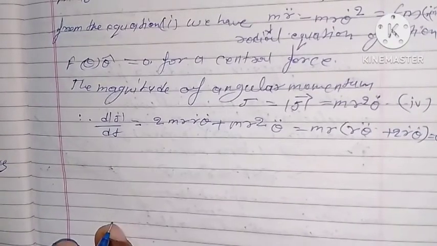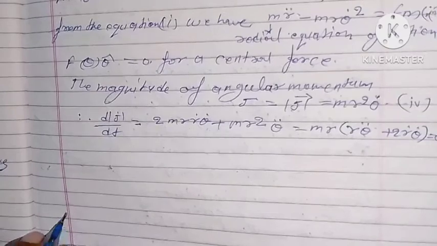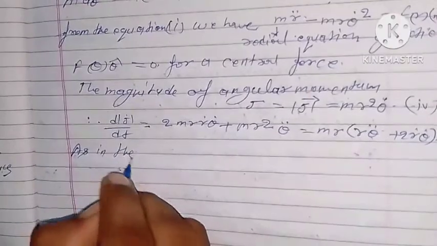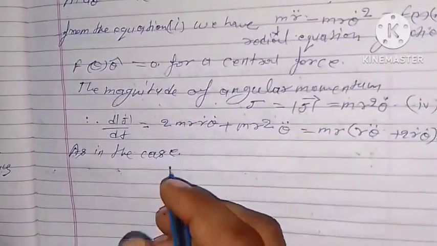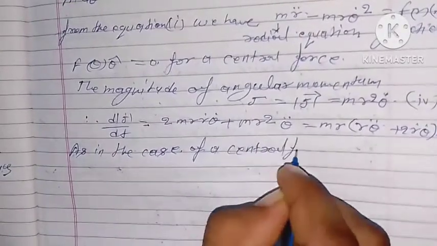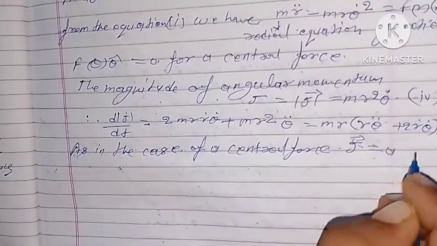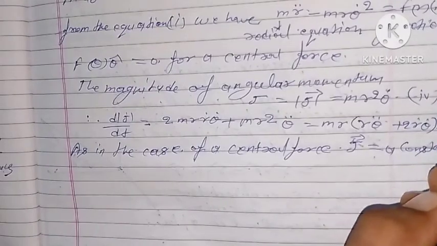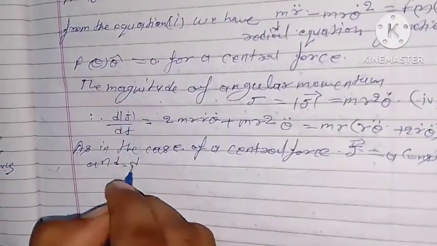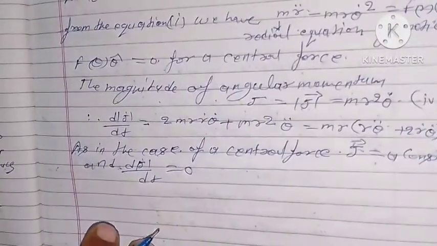as in the case of a central force, vector J equals a constant, and therefore the magnitude of dJ vector upon dt equals 0.